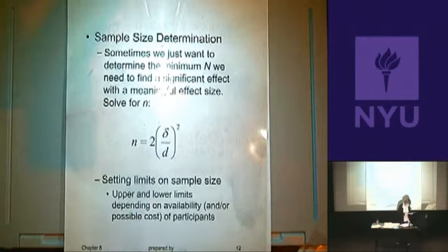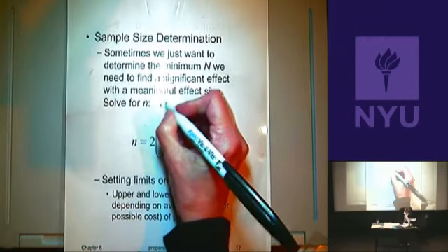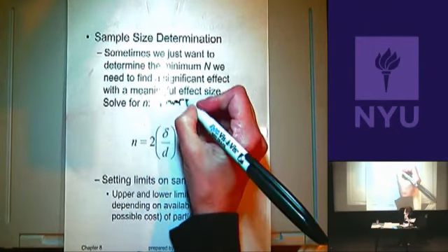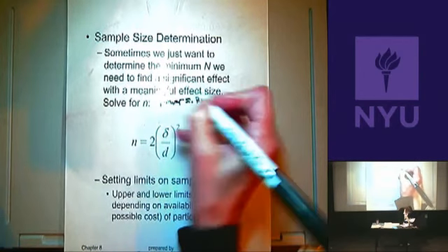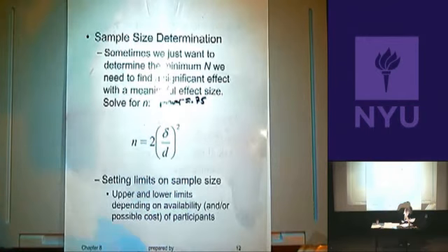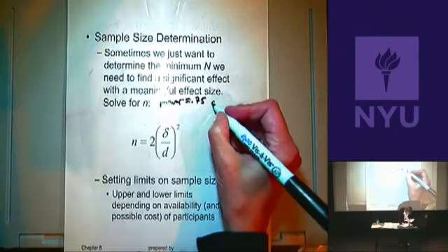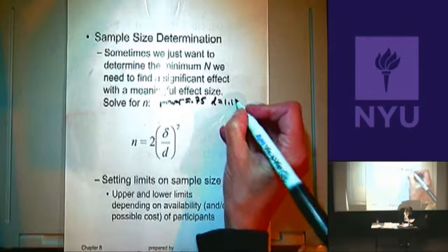Let's say I want a power of 0.75. And let us assume that we're going to use the effect size that we just got from the last example. So we're just going to use this effect size.